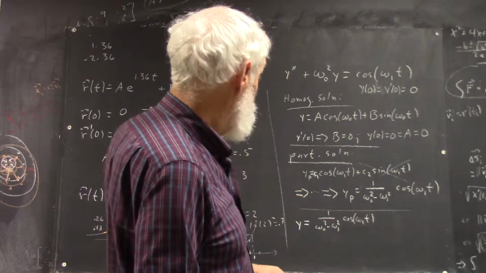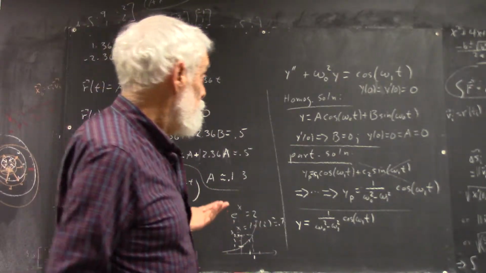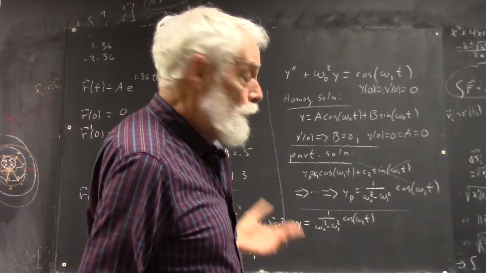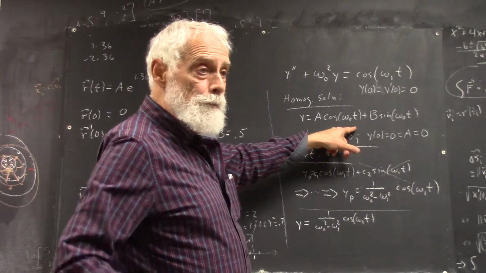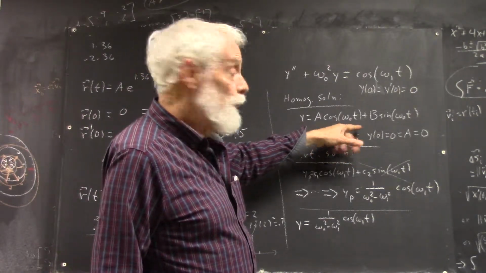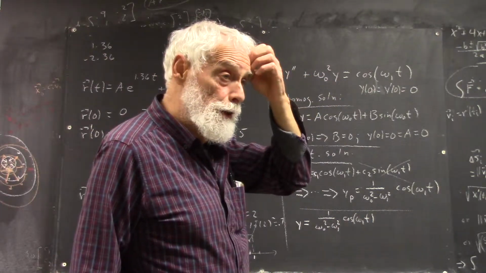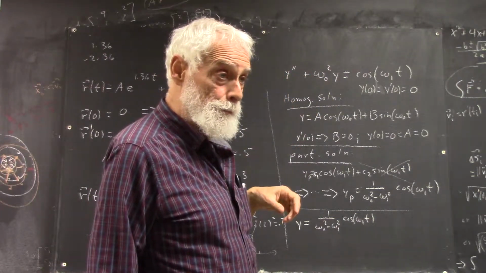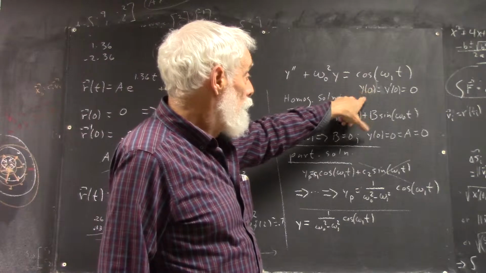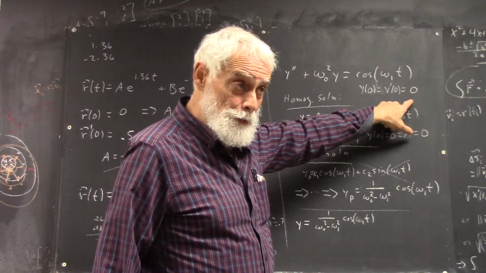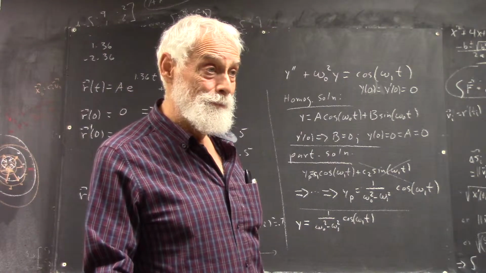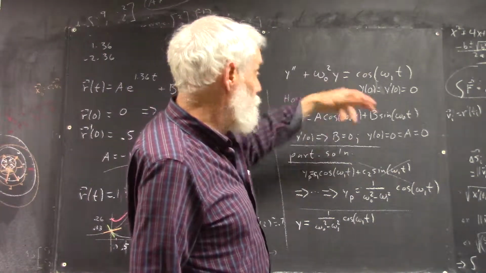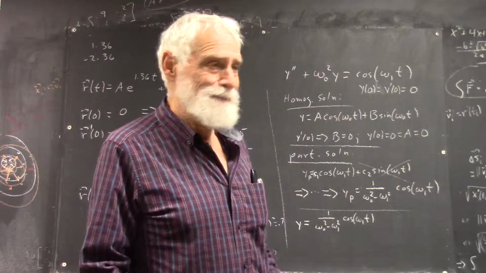Now, how does this differential equation give us this? Well, we solve the equation. The homogeneous solution is this. Whatever our initial conditions are, the homogeneous solution is going to be what it is. Now, I'm starting with the simplest possible initial conditions: the kid's stationary at equilibrium, which means your homogeneous solution is going to be 0.